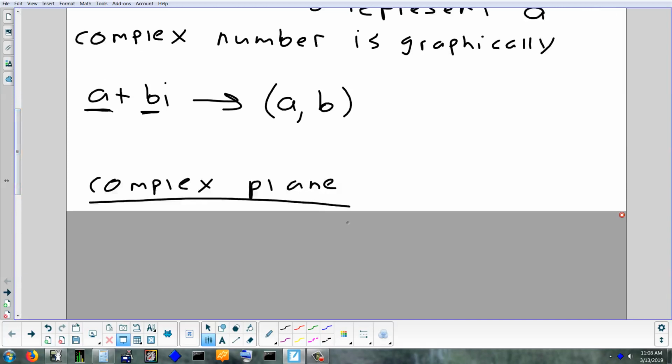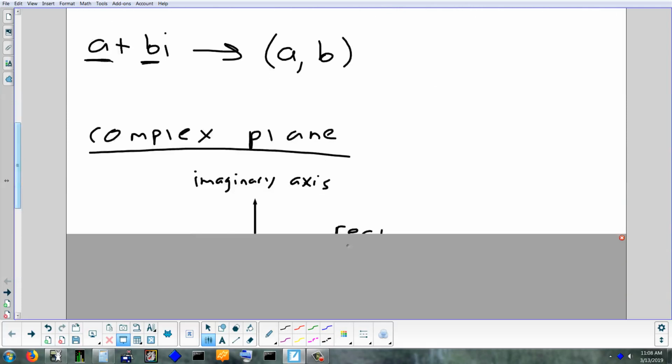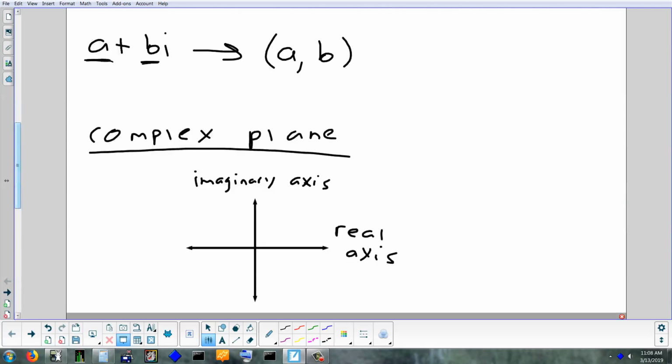When you graph with complex numbers, it's called a complex plane. It looks like the xy plane. There's two axes, but you're not going to call them x and y. One of them is going to be the real axis. The other one is going to be the imaginary axis. So the real axis is taking the place of the x-axis.